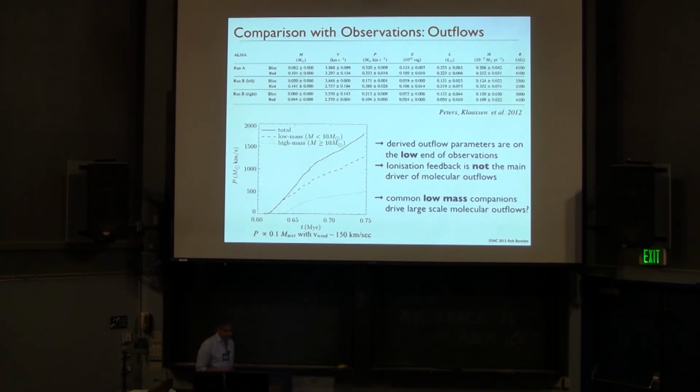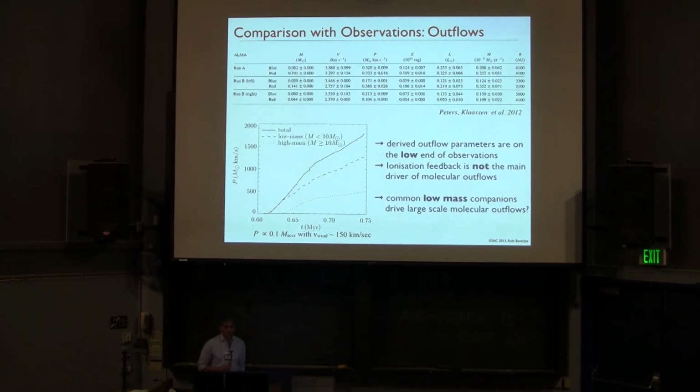And analyzing these simulations, it turns out, so the summary, that these ionization-driven outflows are most probably not the main driver of observed outflows. So there's something missing, and maybe the missing thing is that you have to include somehow the outflows coming from all the low and intermediate mass stars you see there.